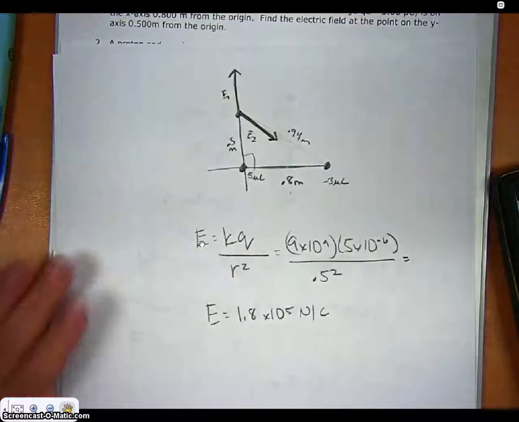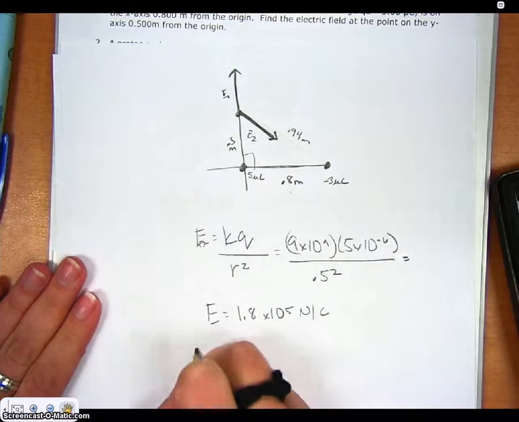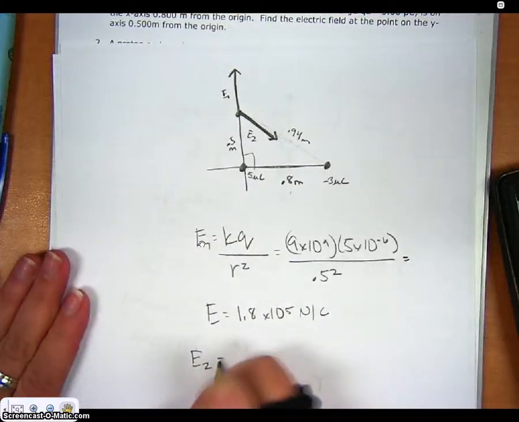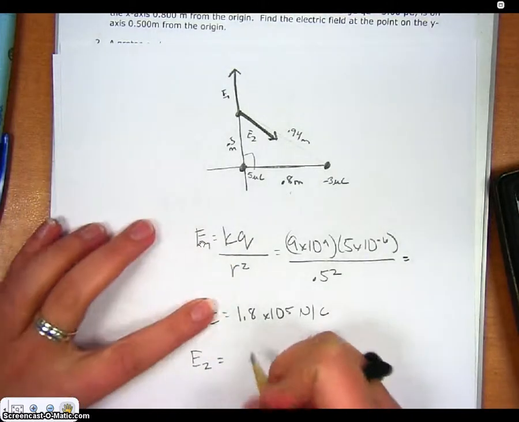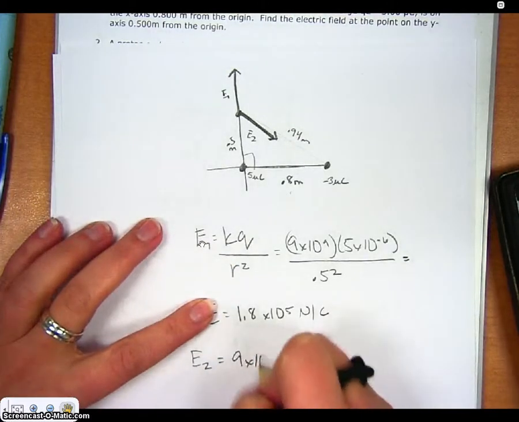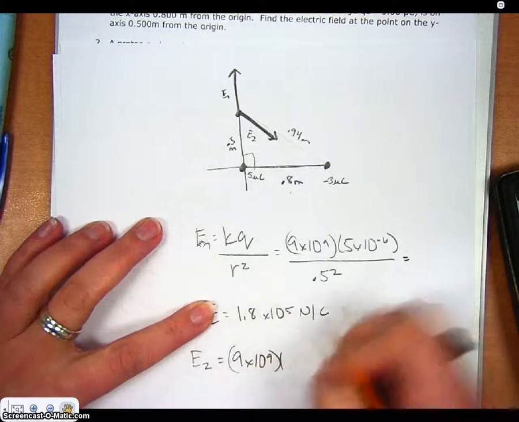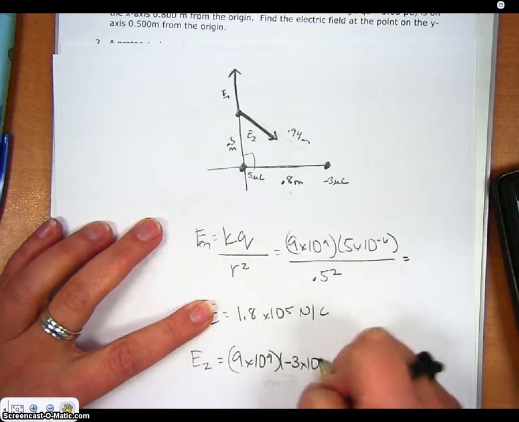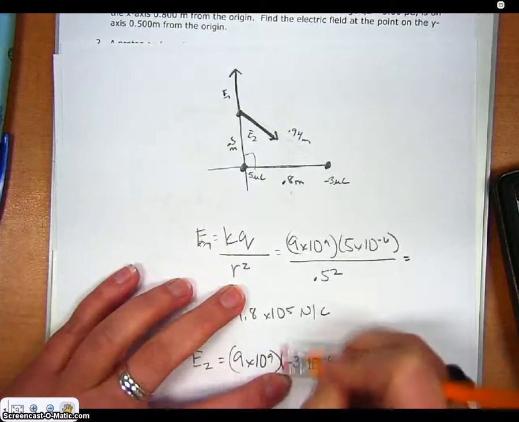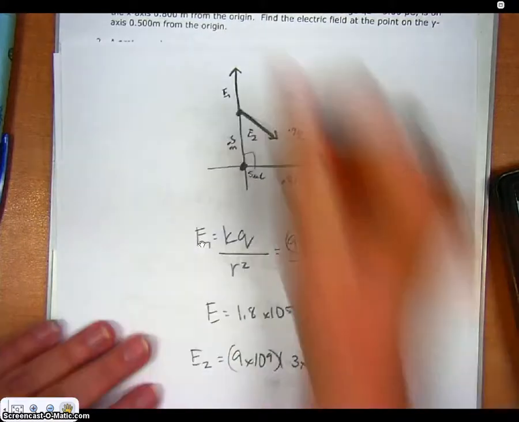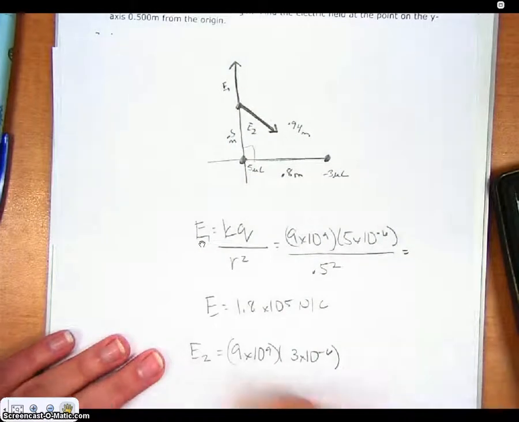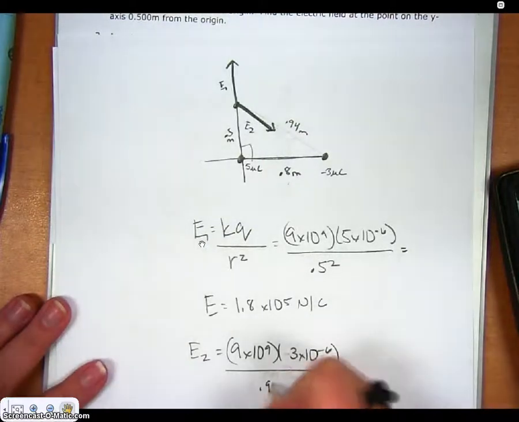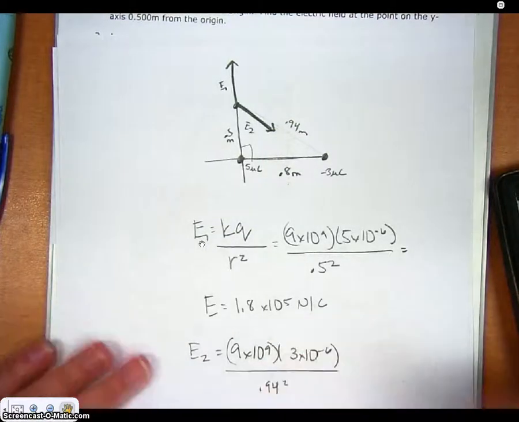So then I'm going to figure out that electric field. This is electric field 1, this is electric field 2, equal to, again, KQ over R squared, so 9 times 10 to the 9th times negative 3 times 10 to the negative 6. And again, this really doesn't matter. I'm not even going to put the negative in there because it's all about the direction that matters, okay? And then all over 0.94 squared.